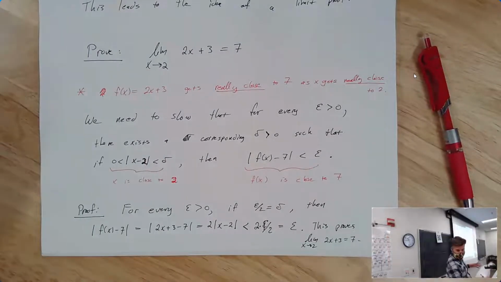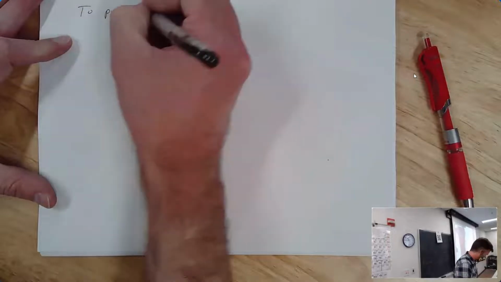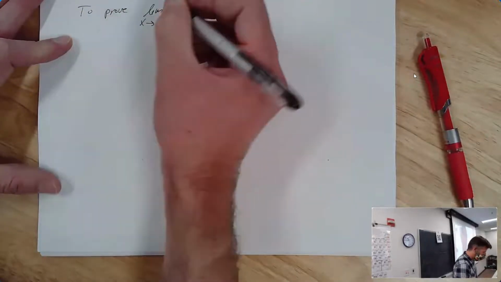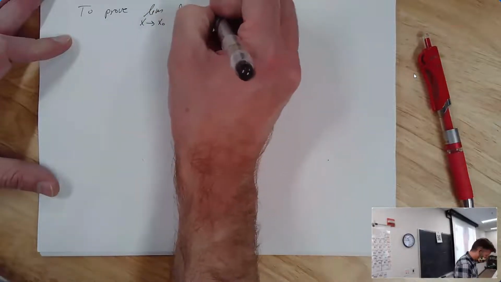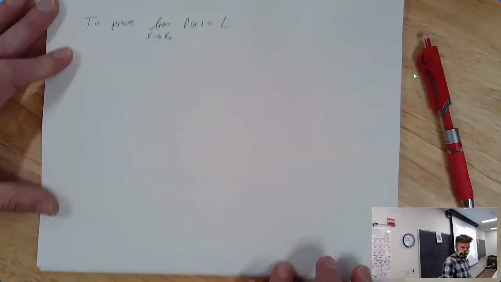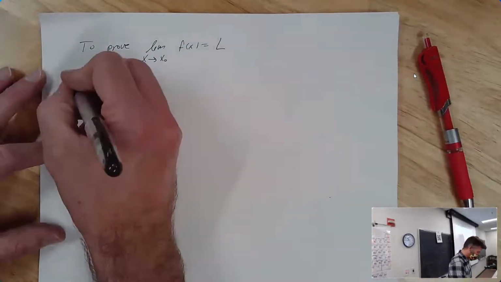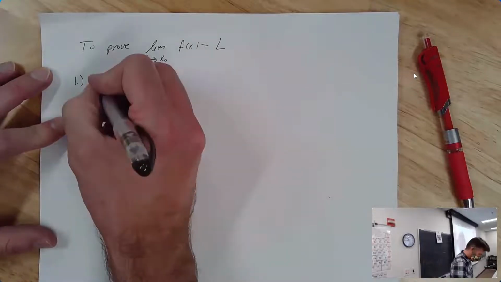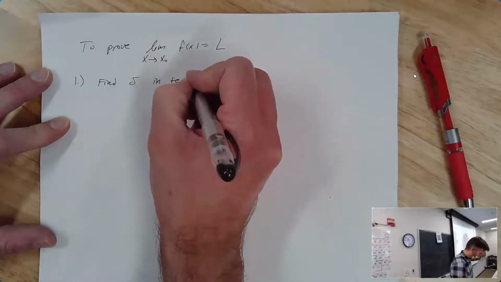Okay, time flies. Actually, let's talk about the very general format before we do an example. To prove the limit as x approaches x naught, or a, of f of x equals L, the first thing you want to do is find what delta needs to be in terms of epsilon.